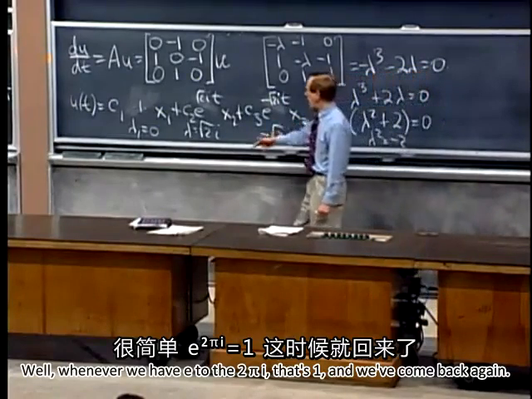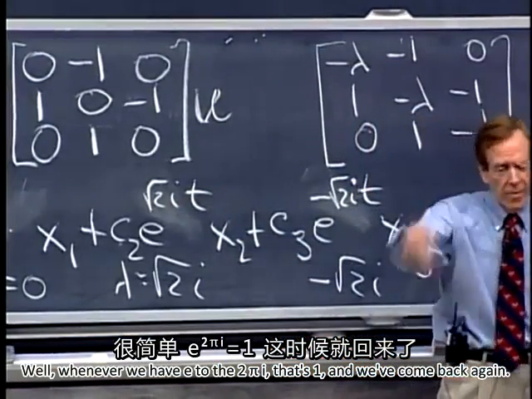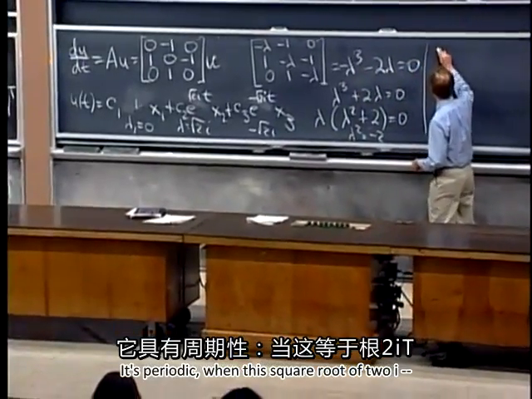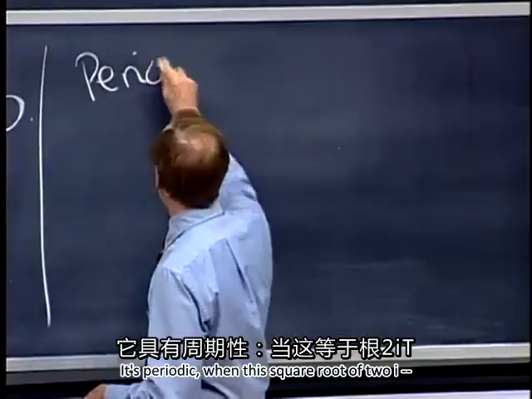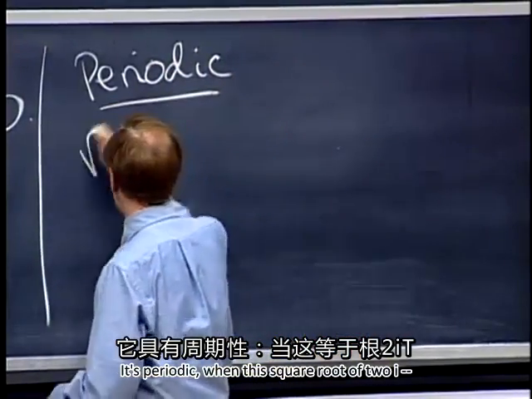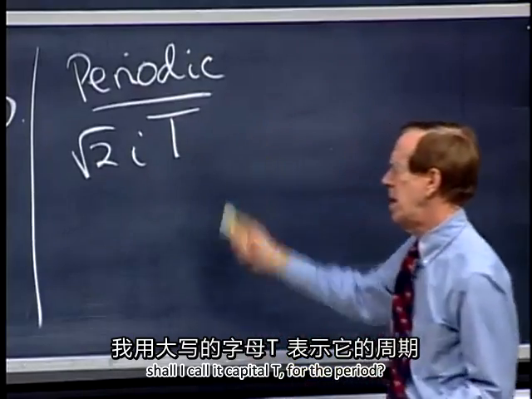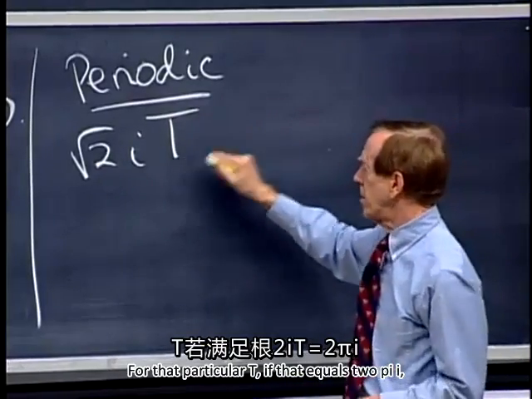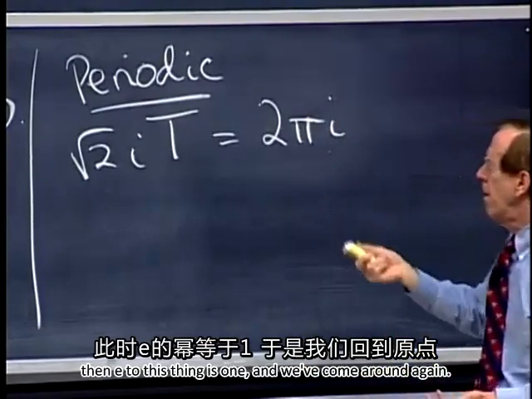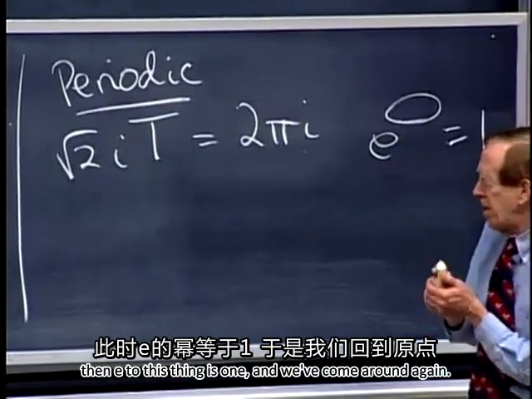Well, whenever we have e to the 2 pi i, that's 1, and we've come back again. So it comes back to the start, period. It's periodic when this square root of 2 i t, shall I call it capital T for the period? For that particular T, if that equals 2 pi i, then e to this thing is 1, and we've come around again.